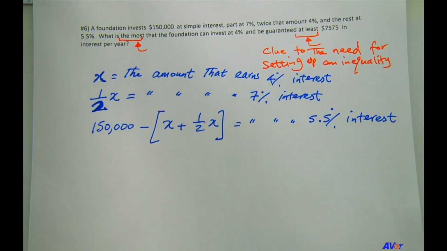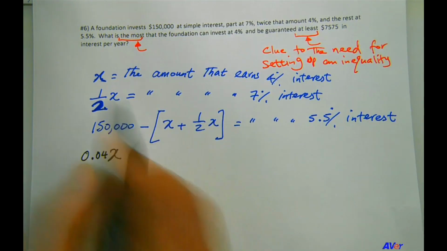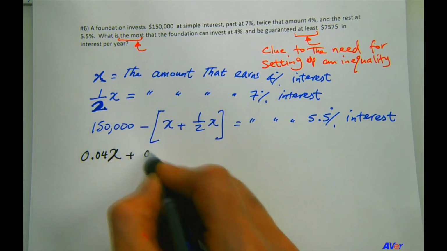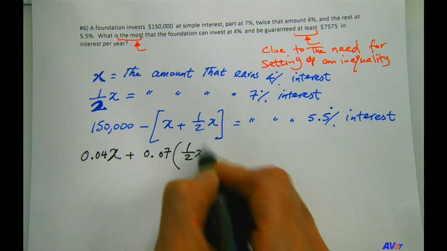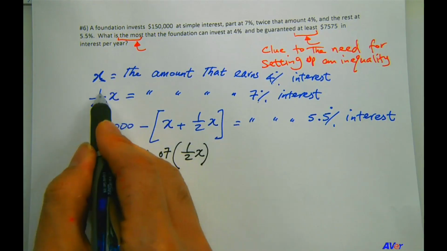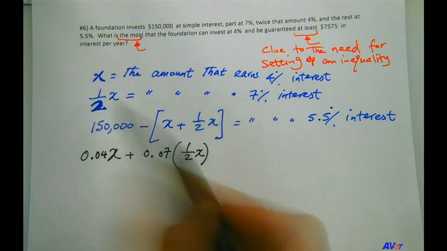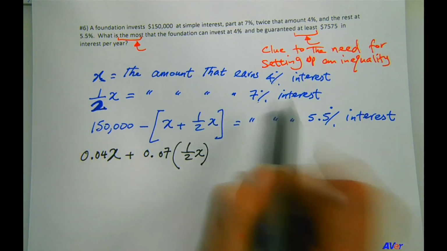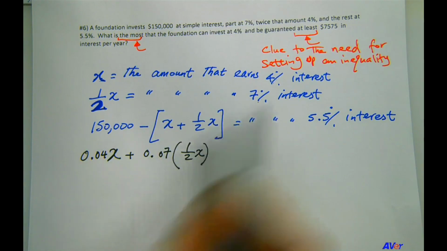So we have 0.04x, that's the interest from that account, plus interest from this account would be 0.07 times 1/2 x. That's how much interest it's going to earn. So that times that tells us how much interest in dollar terms. This is in percentage terms, but in dollar terms, that's how much interest that account is going to earn.